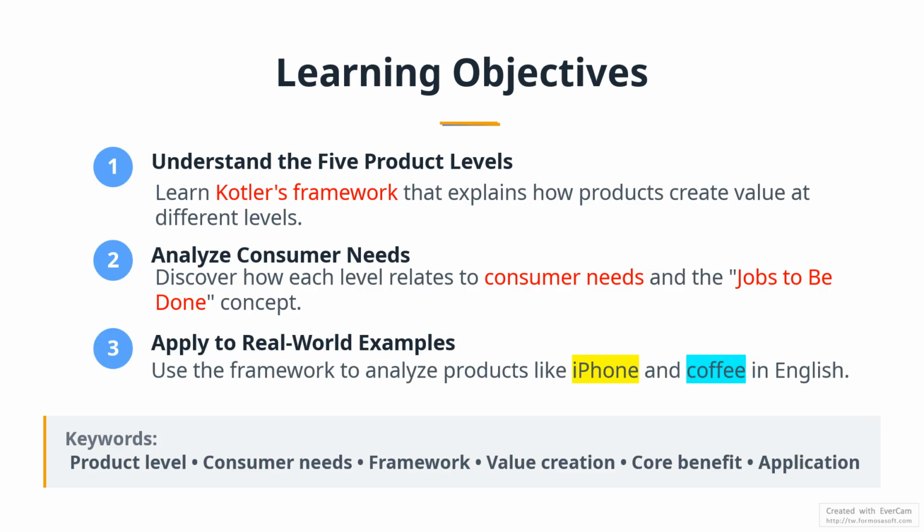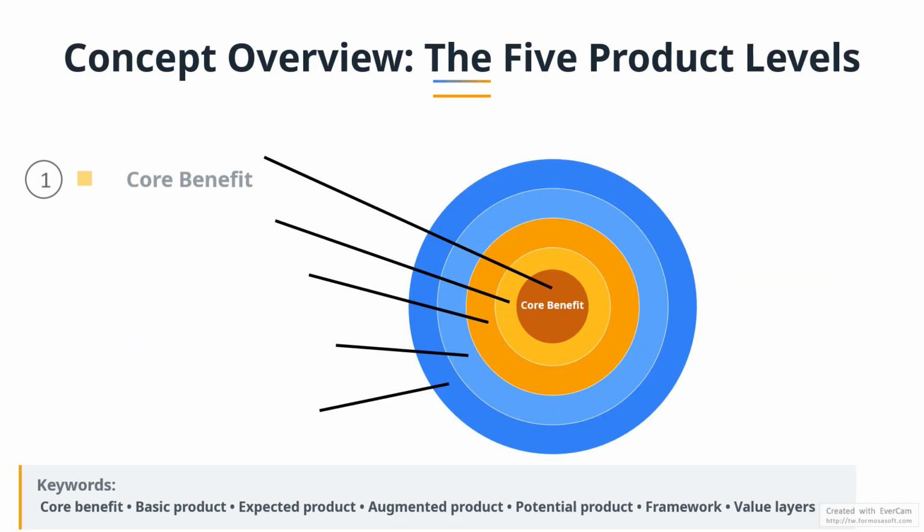Third, apply to real-world examples. Use the framework to analyze products like iPhone and coffee in English. So, by the end of the video, you will not only understand the model, you will be able to use it like a real marketer.